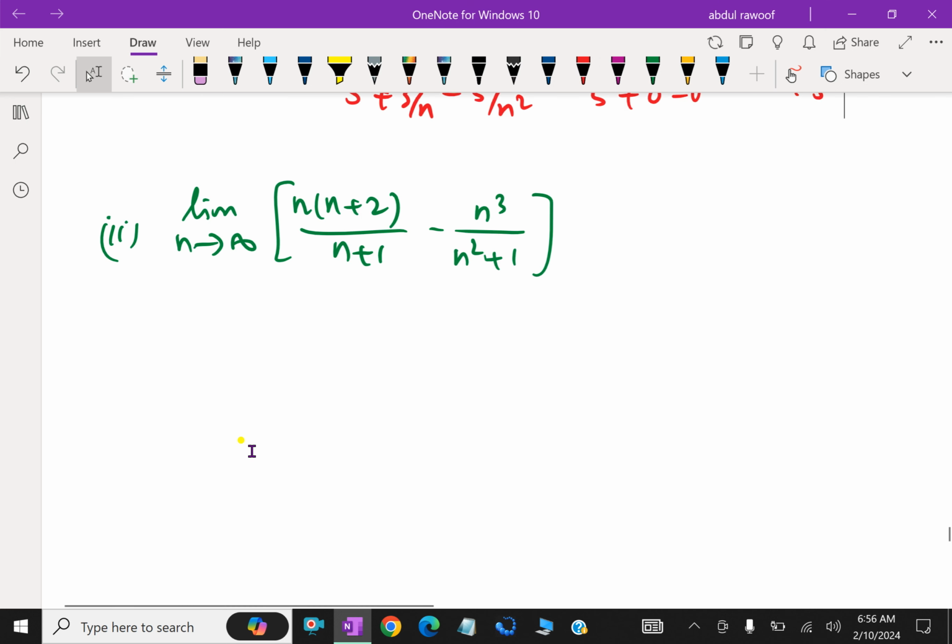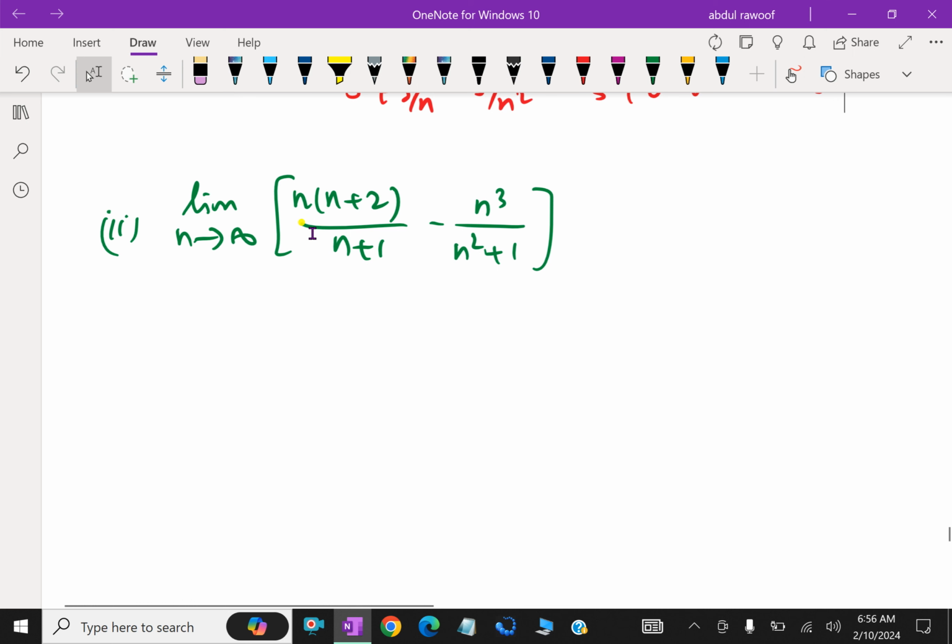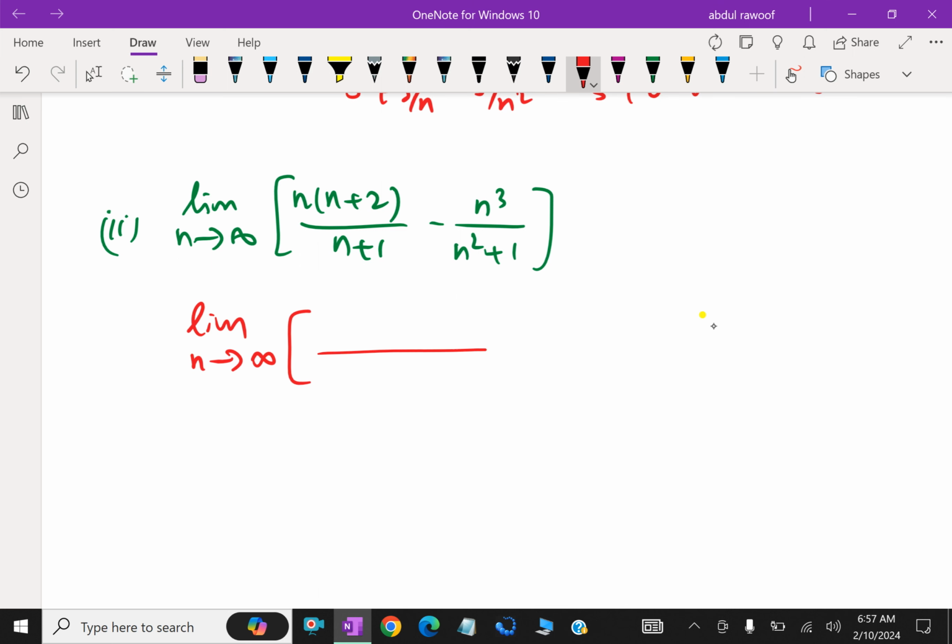Next, look at here. Here, limit n tends to infinity, n into n plus 2 over n plus 1, minus n cube over n squared plus n. First, limit n tends to infinity, the LCM of the denominators is n plus 1 into n squared plus 1.